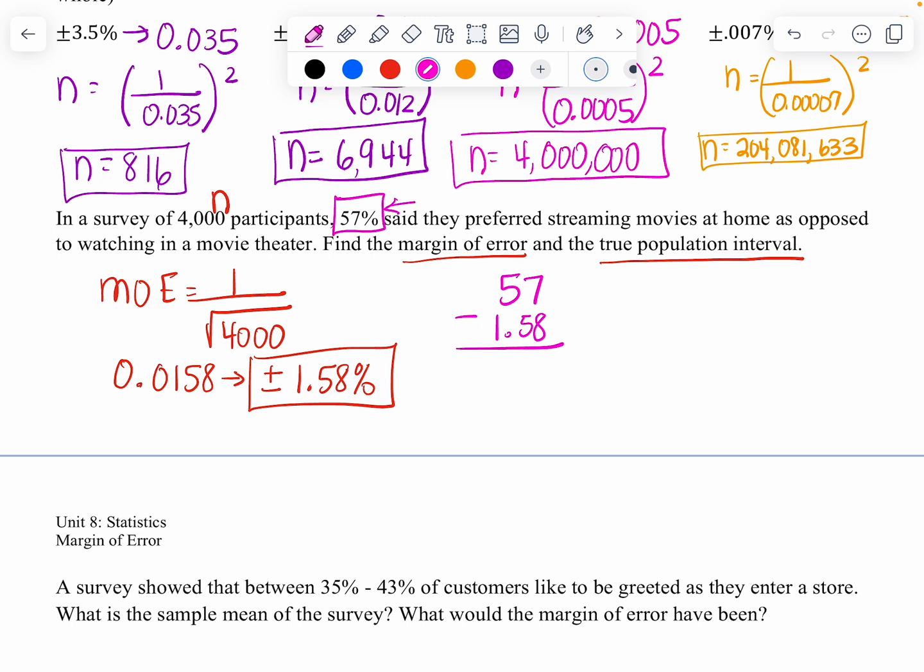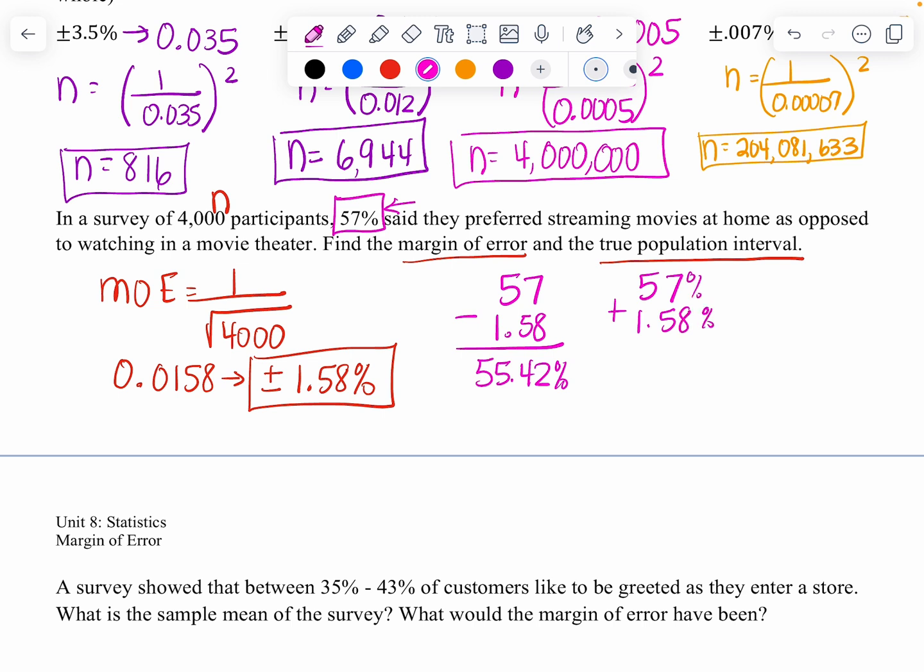And that gives me 55.42%. So my result can go down as low as 55.42% from that 57%. I can also say that it is 57 plus 1.58%.